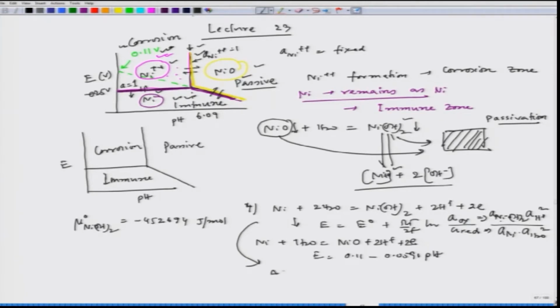So, that time delta G0 would be mu 0, because we have to write ox plus e equal to red, mu 0 Ni plus 2 mu 0 H2O minus mu 0 Ni(OH)2 minus mu 0 H plus, and 2 electrons are involved.